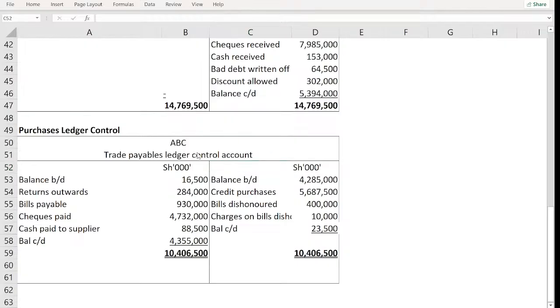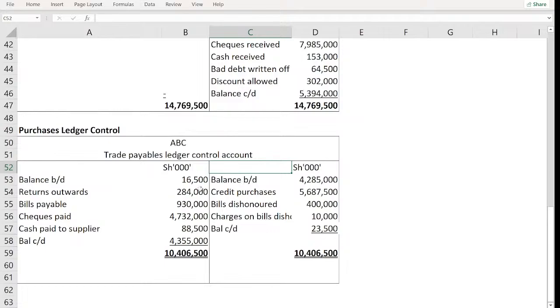As we understand, on the debit side, we have the total debit, total checks paid, cash discount received, sales ledger contra, total returns outwards, all those. On the credit side, we also have the credit balance, credit purchase, refunds from supplier, all that.